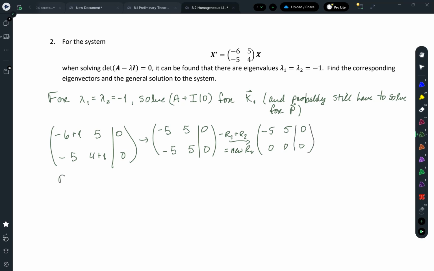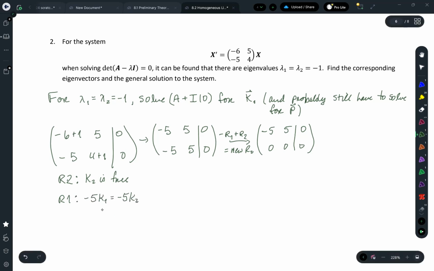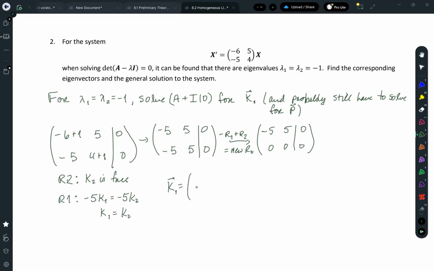Okay, so row 2 is telling me that K2 is free. Row 1 is telling me that -5K1 is equal to -5K2, or in other words, K1 is equal to K2. So our K1 vector has components K1 and K2, and well, we can let them be anything we want.